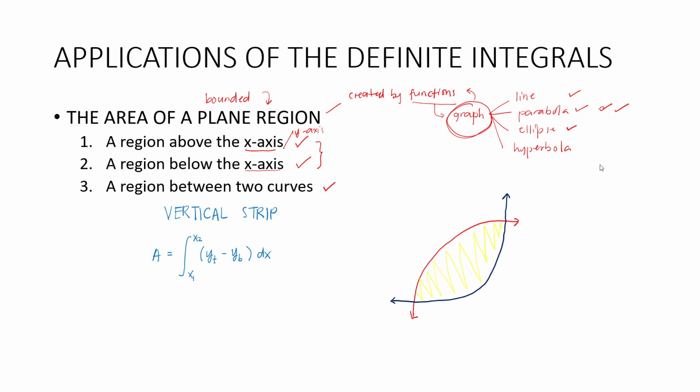Okay, so let's first create the vertical strip. Let's say you put it in the middle. The vertical strip is just a representative area that can represent the entire area of the region bounded. So again, this vertical strip will represent the entire area in terms of the integral equation.